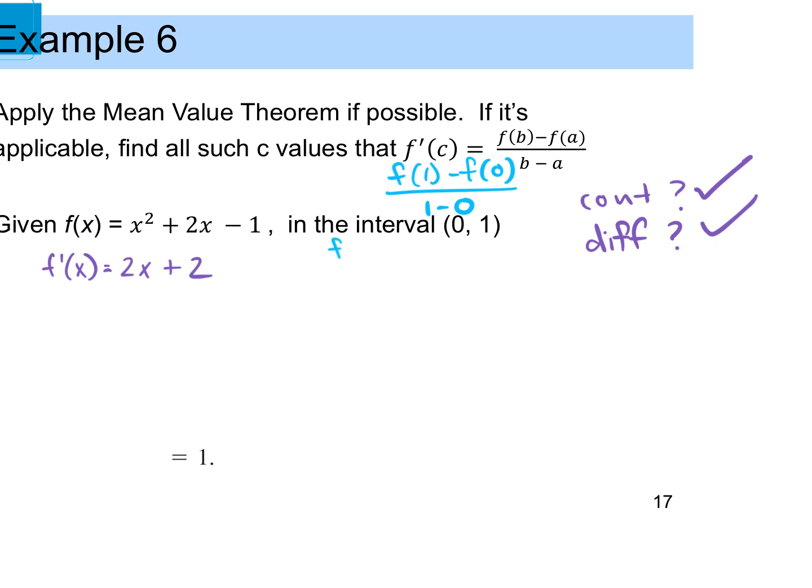So f of 1, when we plug 1 in, we get 1 plus 2 minus 1, which would be 2. F of 0 we would get negative 1. So we plug everything in, we get 2 minus the negative 1 over 1. So this would be 3.